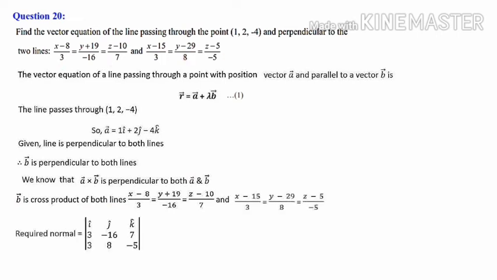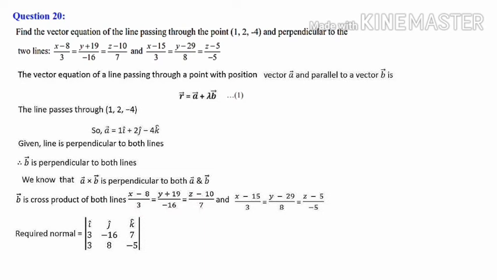That is, required normal is the determinant. Here i j k we have written, then a1 b1 c1, that means here the equation of line is in the form (x minus x1)/a, (y minus y1)/b, (z minus z1)/c. So this a1 b1 c1 is in the denominators.